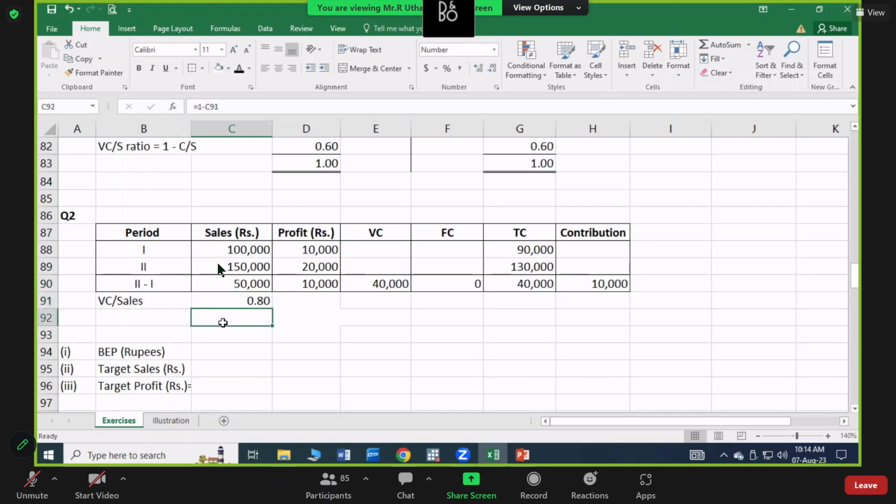So that is 80%. Variable cost over sales.